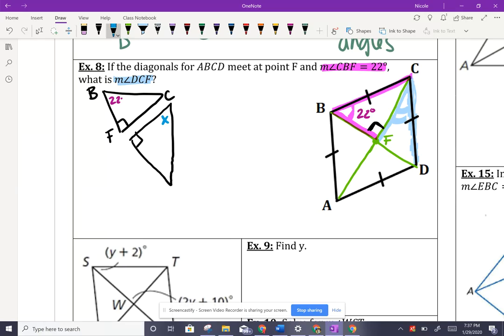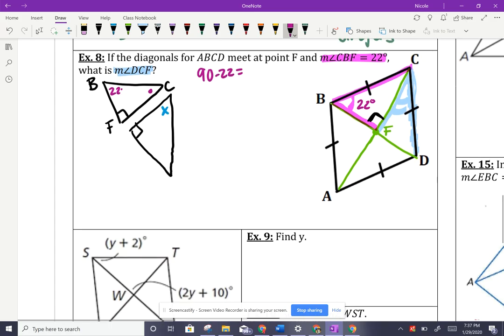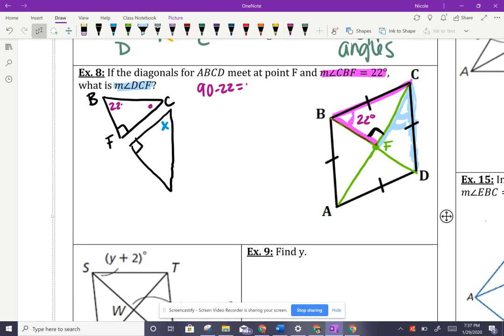Okay, so I have right triangles. So I can solve for angle BCF right in here. I'm going to take 90 minus 22. 68. So angle C on this side is 68.